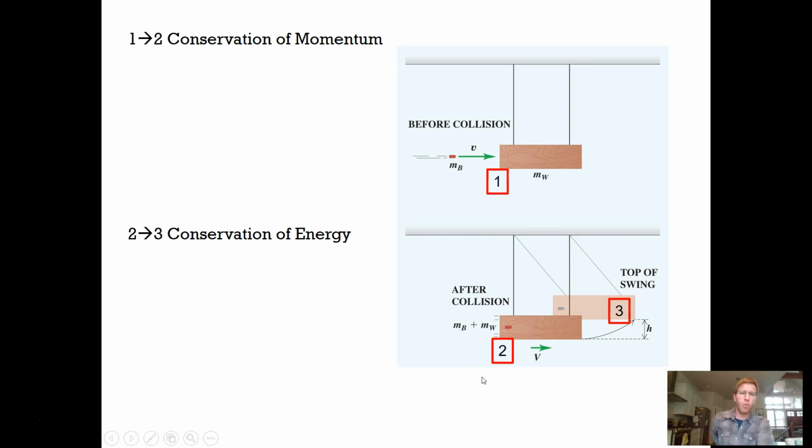So let's start with point 1 to 2, since we want the velocity of the bullet, and that's moving at point 1. So initial momentum in the x is equal to final momentum in the x. My total initial momentum will be the momentum of the wood plus the momentum of the bullet. And that's going to be equal to the total momentum of the two when they stick together after the collision. So this capital V down here, I'm calling V2 in the x direction.